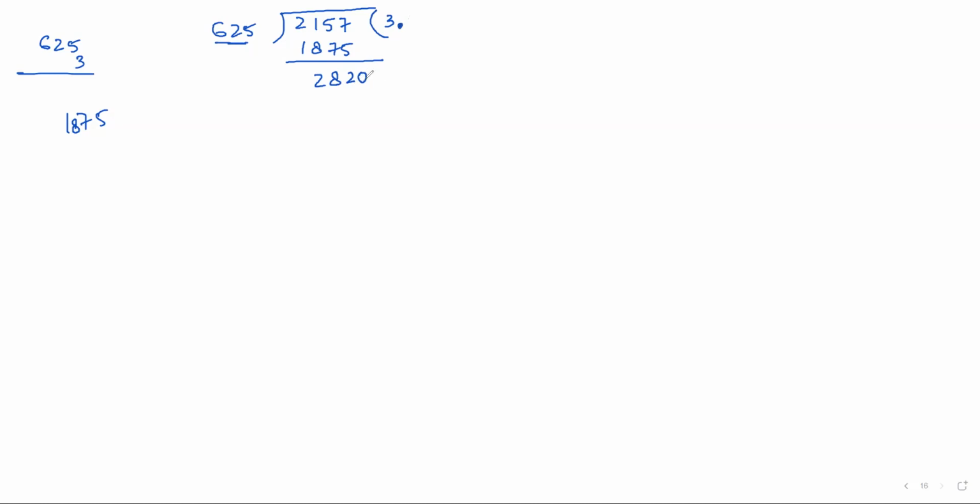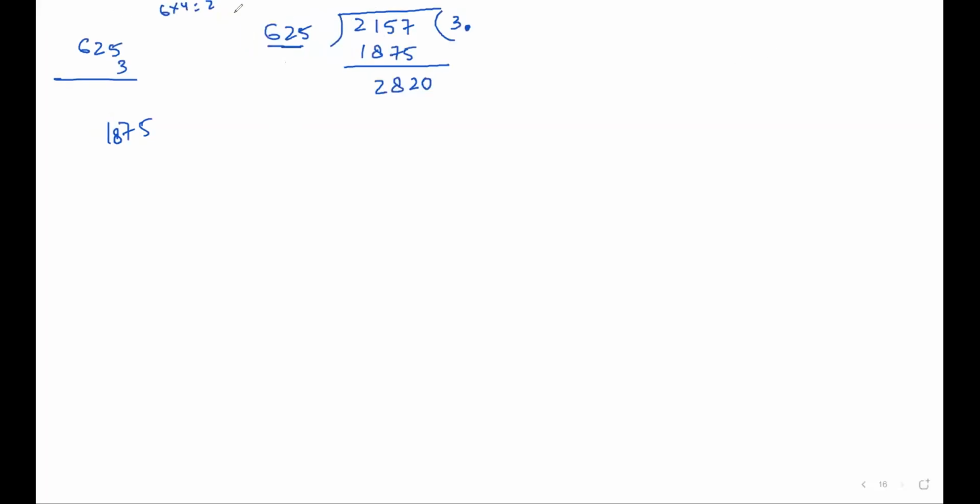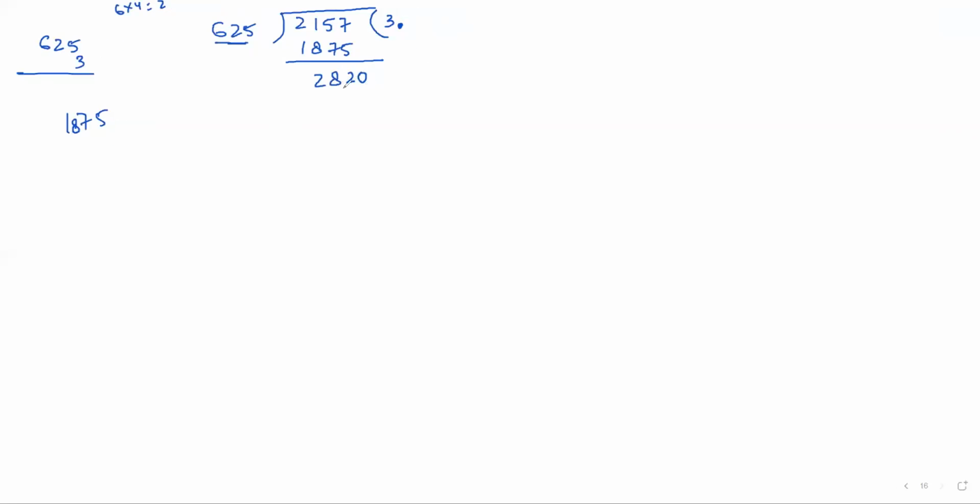Now let's see. In your mind, Adil, you know that 6 into 4 is how much? 24? Yes. So something around 4 will go here. This is 28, you can see. So let us check 625 into 4.